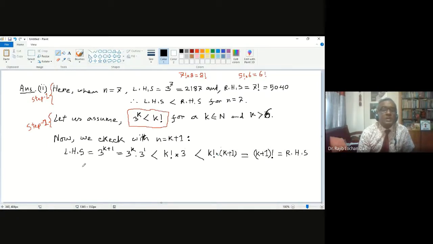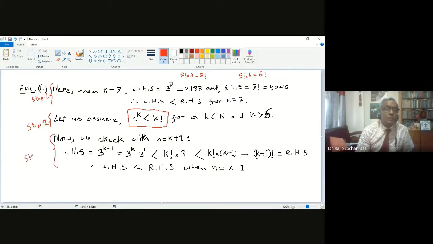So the left hand side is less than the right hand side when n equals k plus 1. So we are checking that the theory is correct for the next value also, the k plus 1 value. So this is our step number 3.